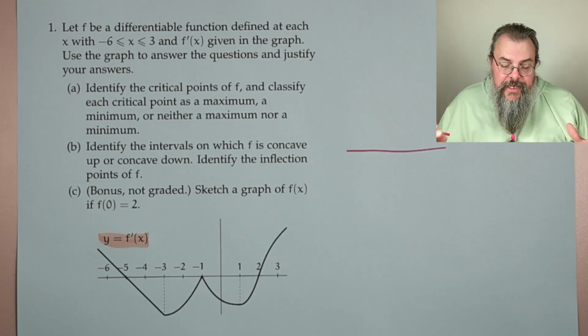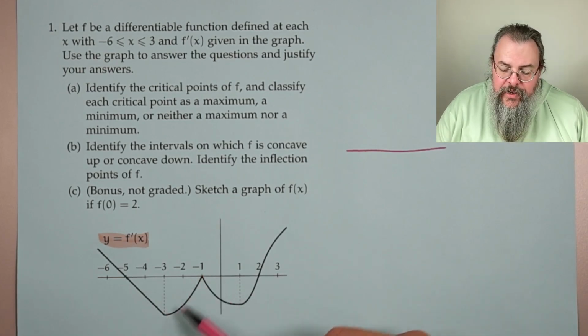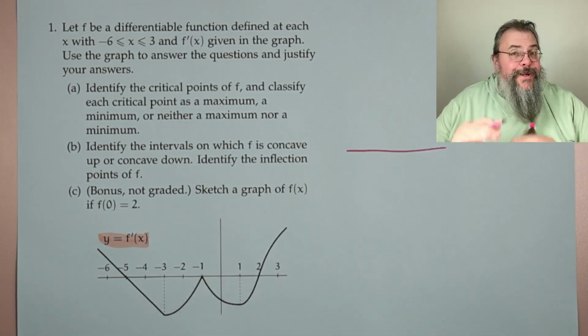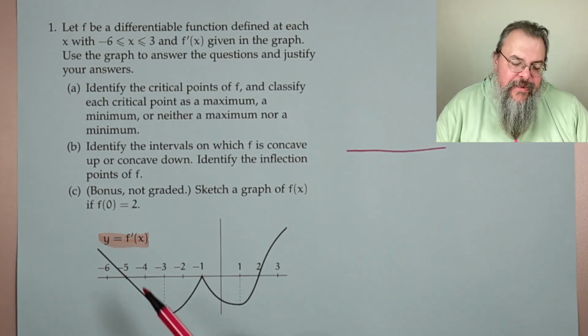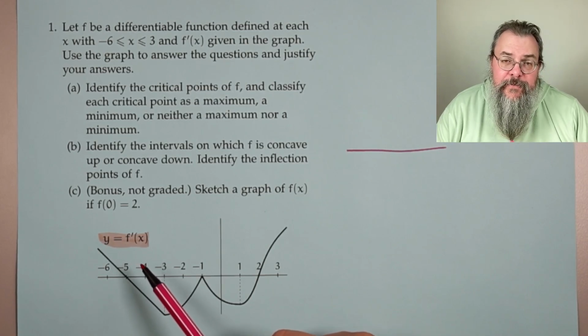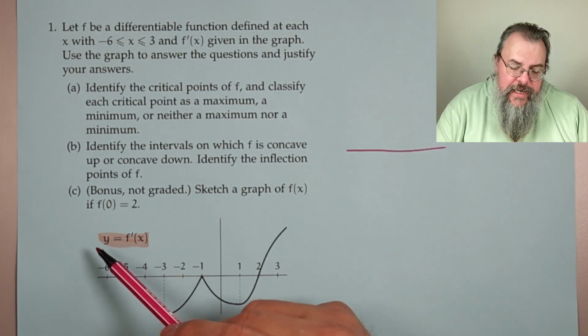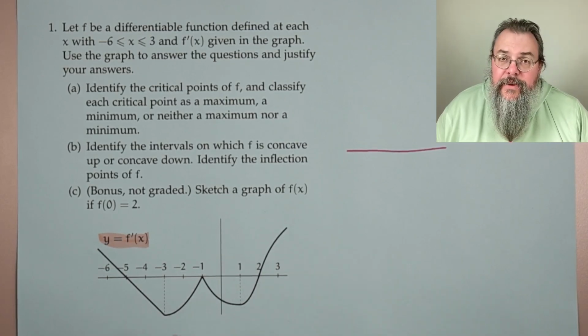Now, looking at this picture, you might say, oh, these kind of points here, look, the derivative is undefined. No, because remember, this is the derivative graph. This is not the graph of the original function. Where is the derivative defined? It's defined everywhere, because there's always a value here.